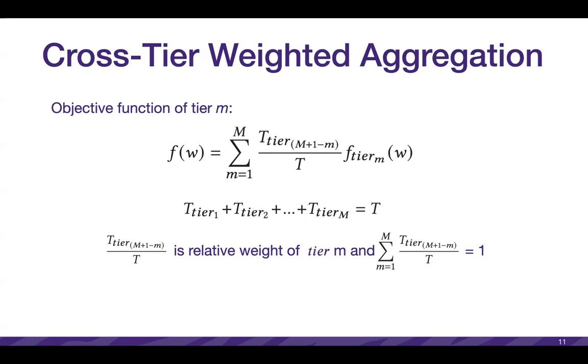And in the objective function, if we choose tier 1, it has a much lower weight compared with tier M. So this objective function can guarantee that the global model will not be biased to tier 1.